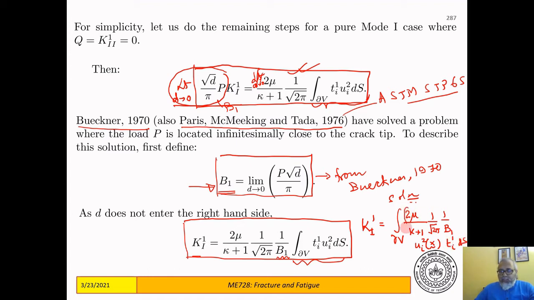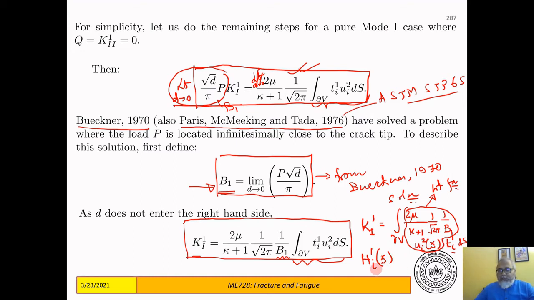Now this whole thing is called the weight function, and this weight function is called hi1, and it's a function of x because ui2 is a function of x.